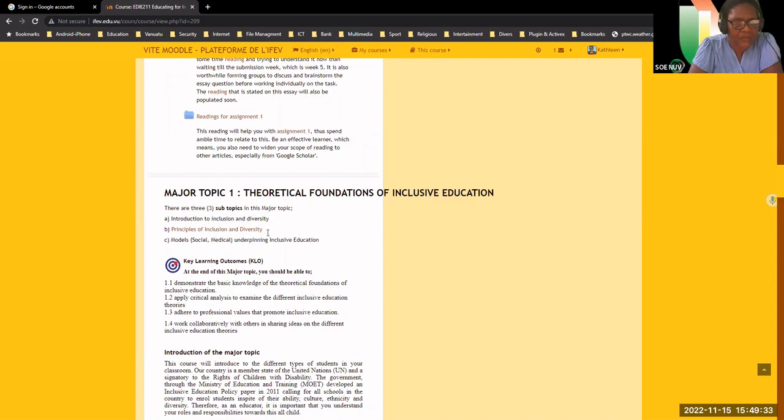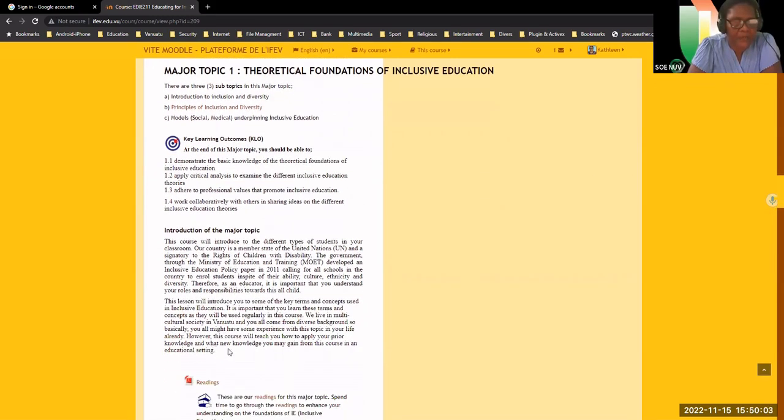So we have tried to define inclusive education, and we also have listened to some of our friends who gave examples of what they do in their schools, or what type of learners they have in their classes, what they do with the students, how they accommodate learning across a diverse learning environment.